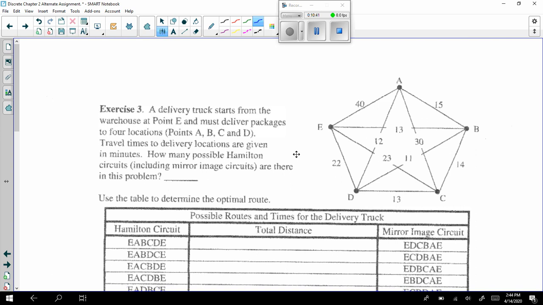So on to the next page, we have 5 vertices. So watch what happens when we have one more vertex. We have 5 minus 1 factorial, so that's 4 times 3 times 2 times 1, which now gives us 24 possible solutions, which is a lot.